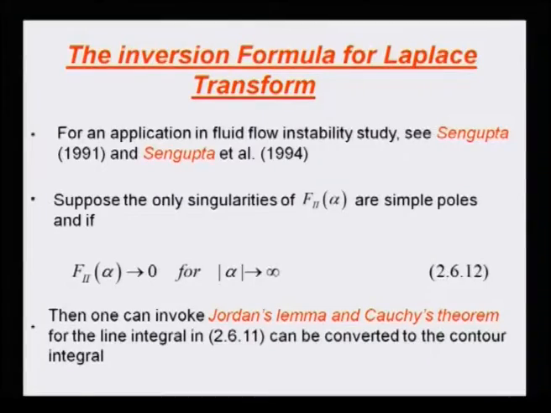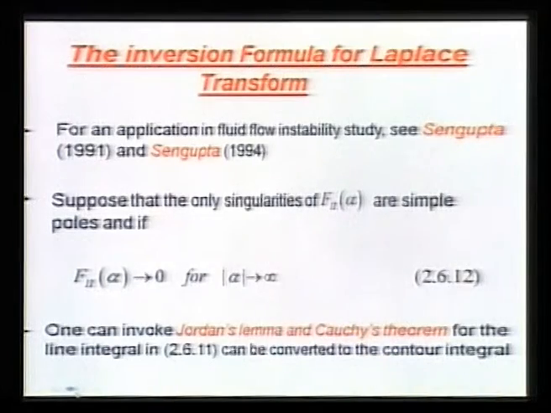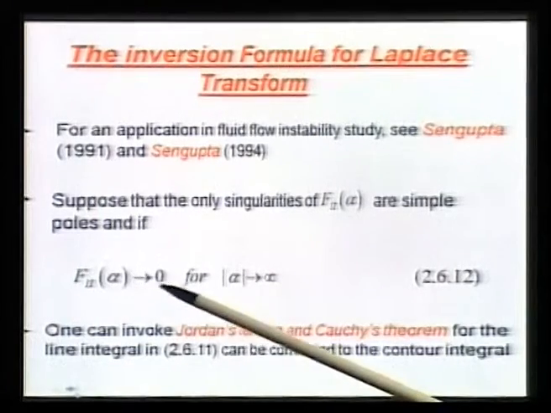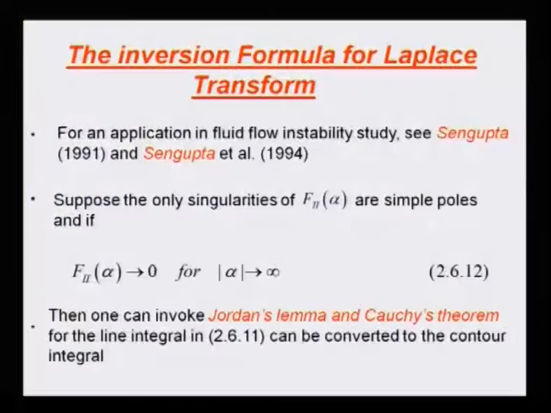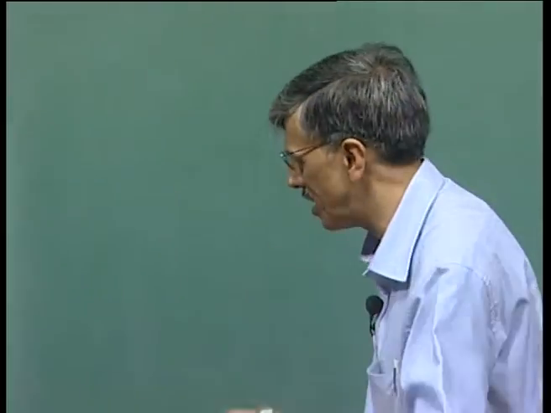That is what is called the Jordan's lemma, and the Jordan's lemma is valid only when the transforms go to 0. If a complex function has this property, then Jordan's lemma can be used, and Cauchy's theorem states what? For an analytic function, if I take a closed contour, the integral of f(z) dz is 0.